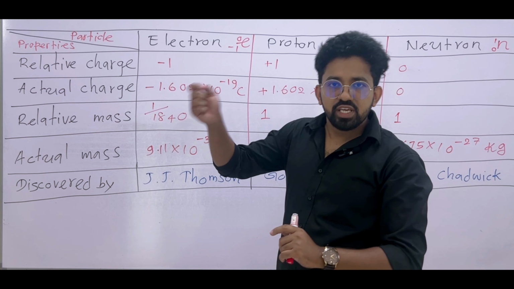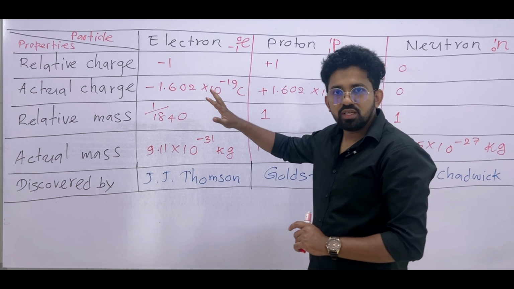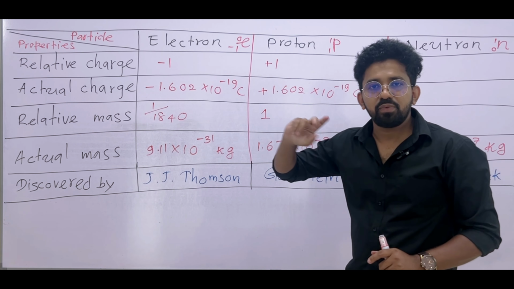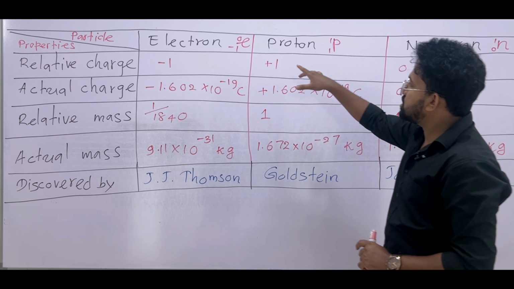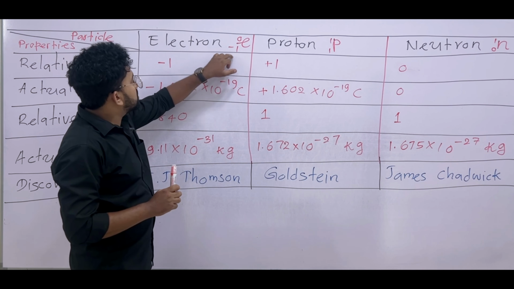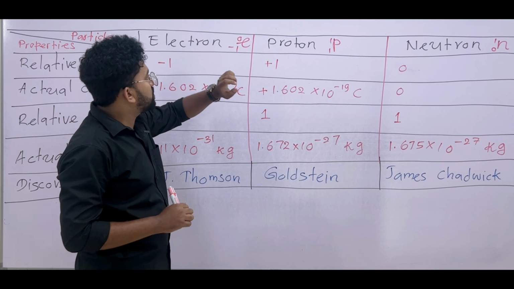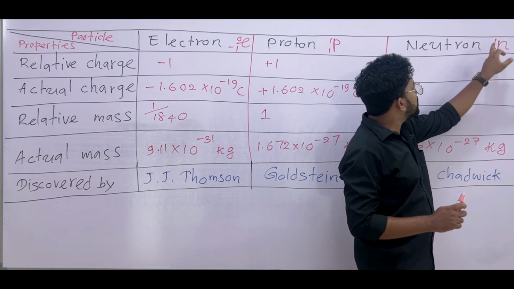Before moving to the next part, let's go through a summary of the subatomic particles: electrons, protons and neutrons. This is how we symbolize them: electron e, -1, 0; proton p, 1, 1; neutron n, 0, 1.